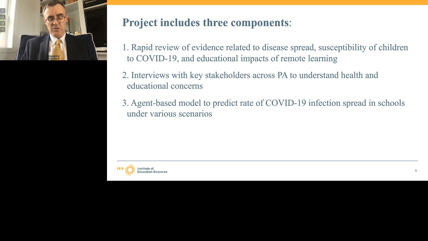So the project that we undertook in collaboration with PDE included three parts. The first was a rapid review of existing and emerging evidence related to the spread of COVID-19, to the susceptibility of children to the disease and their ability to transmit it to others, and also to the educational impacts of remote learning. Second part of the project involved interviews with key stakeholders across Pennsylvania to understand their concerns as related to both health and education with respect to plans for reopening in the fall.